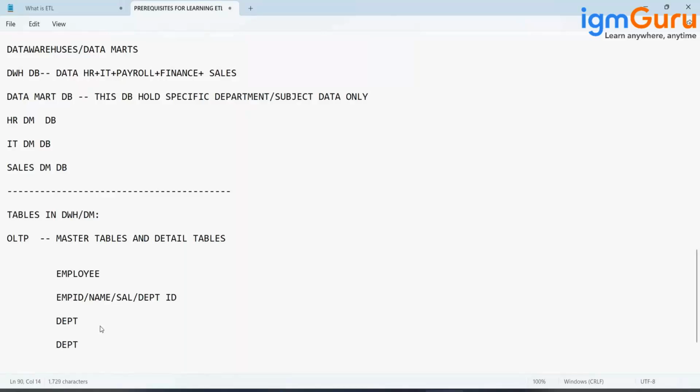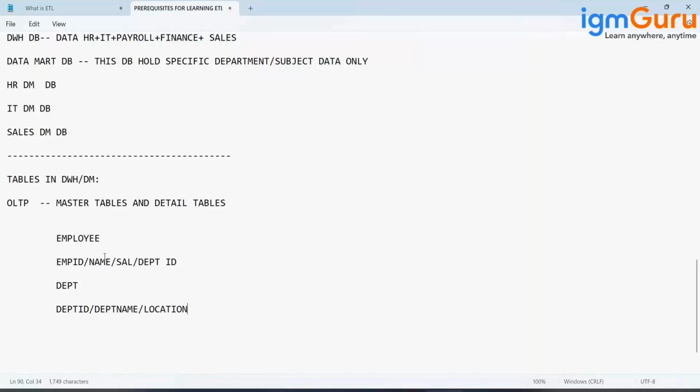Department ID, and I can have department name as well, and where this department exists, the location. So in my transactional systems, I will hold my data in this format. Out of this, one table will act as the master table and another as the detail table. So here, this is the master table and this is the detail table.